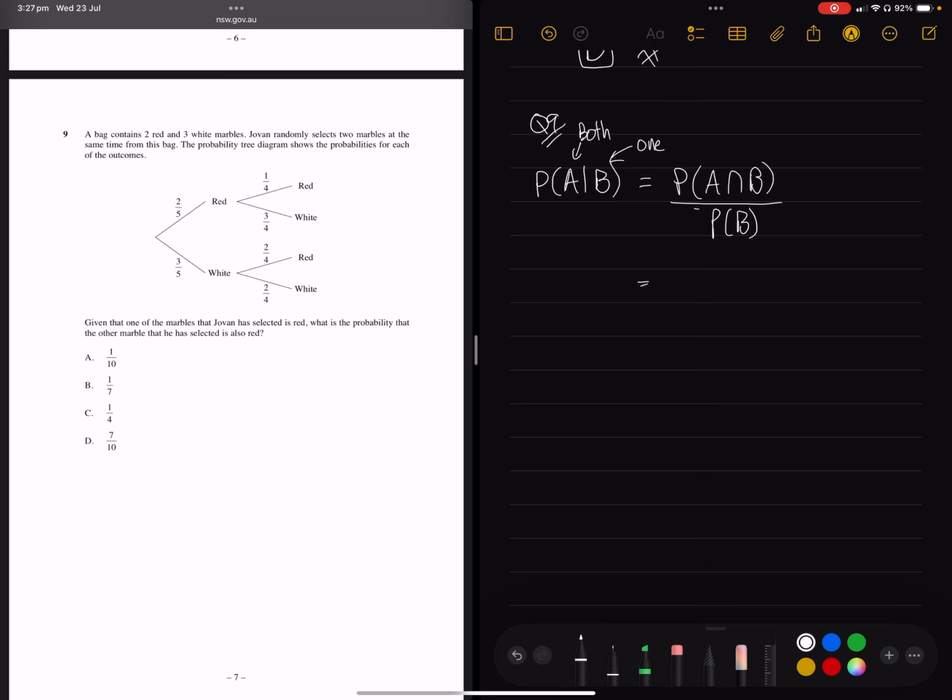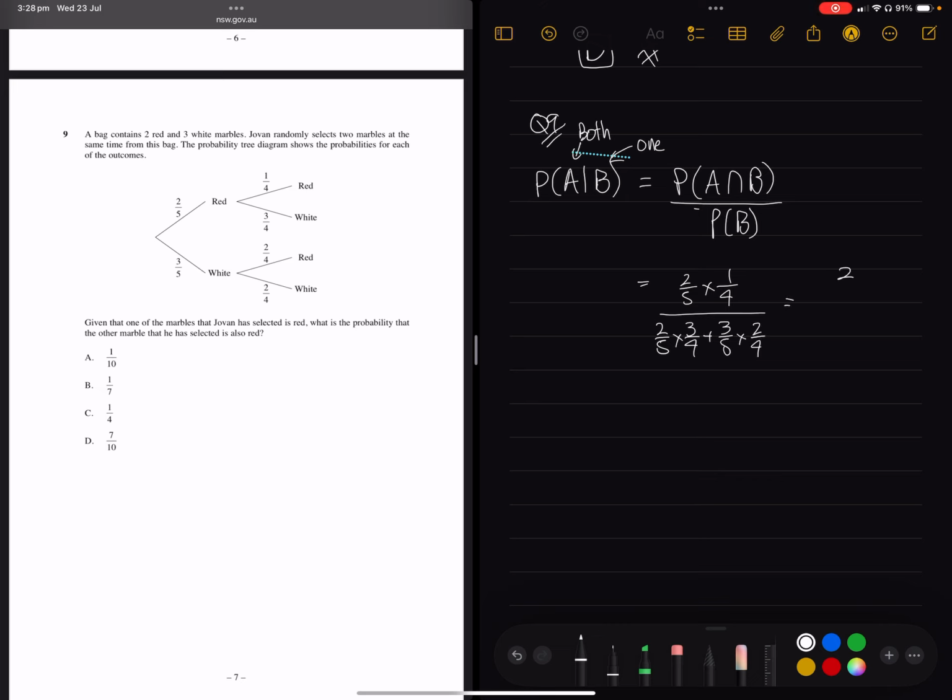So P of A intersection B is the probability they're both red. Well, that's just red and red, so 2 on 5 times 1 on 4. Probability B, the probability that one of them is red, is red and then white or white and then red. So that's 2 on 5 times 3 on 4 plus 3 on 5 times 2 on 4.